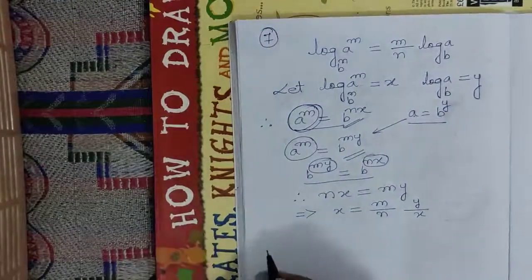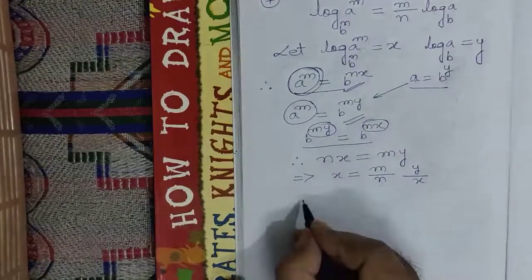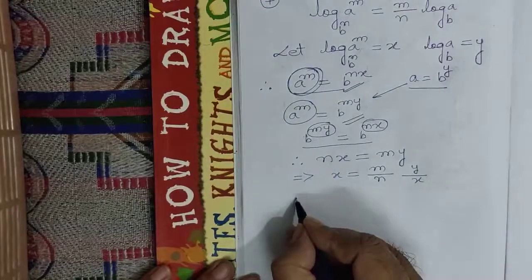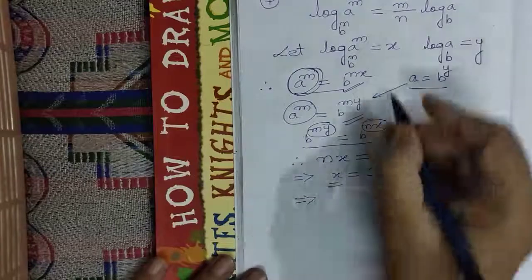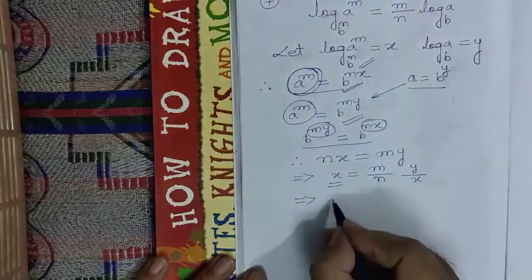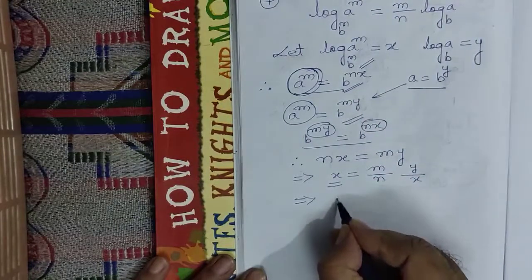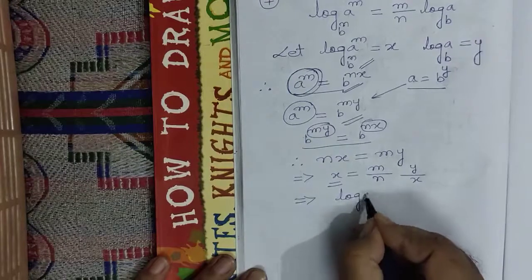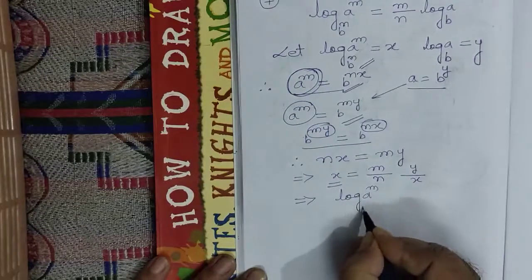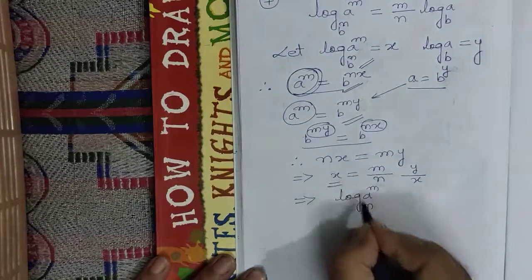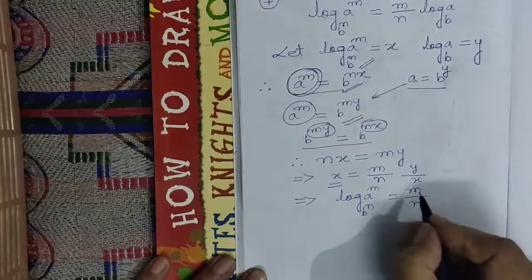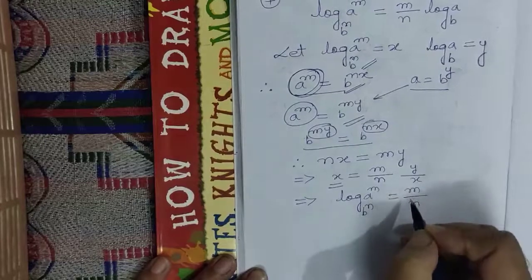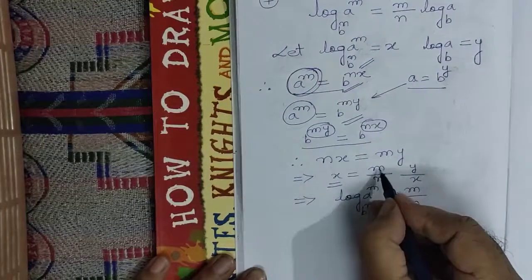Now x can be replaced by this quantity. So you will be getting log of a power m base b power n, just value of x I have put here.